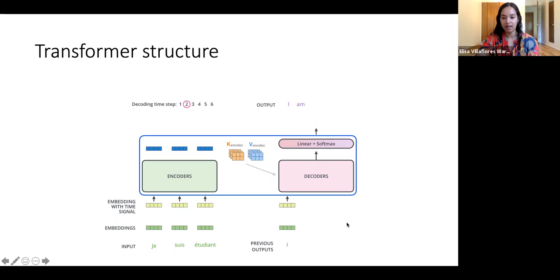The decoder in the test set works step by step. It predicts the first word, then puts the first word back as a previous output into the decoder, and then it predicts the next word. Then it takes those two words, puts them back into the decoder, and predicts the next word. Does that make sense?